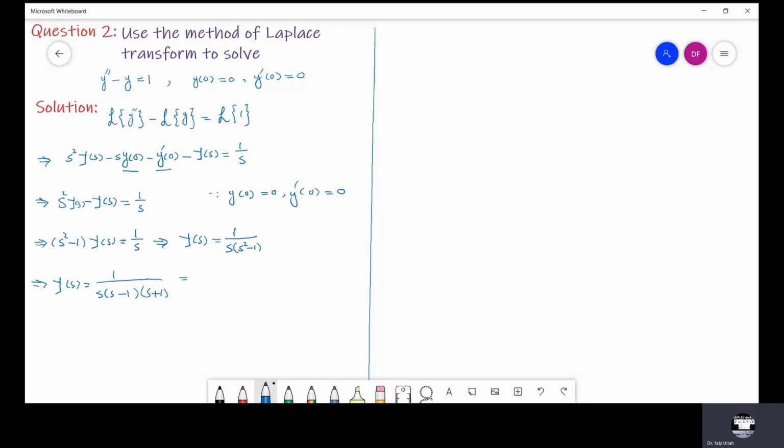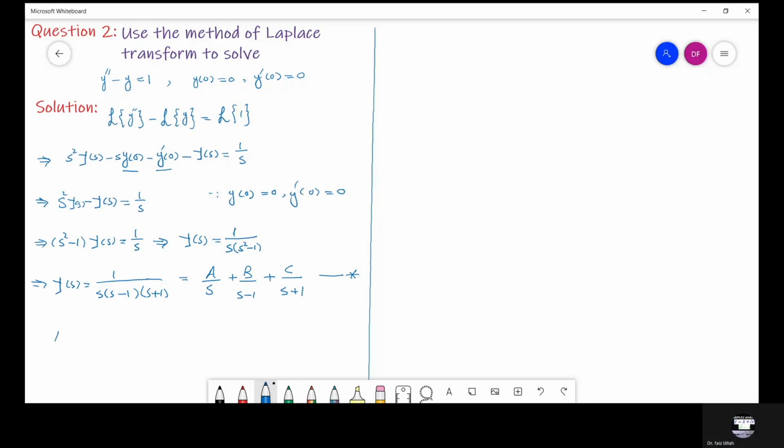And now by partial fraction, we can write that this is a over s plus b over s minus 1 plus c over s plus 1. Let us say this is our equation number star. And now just multiply with LCM.